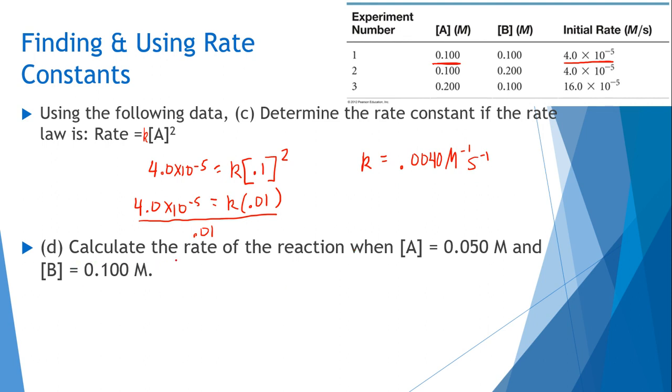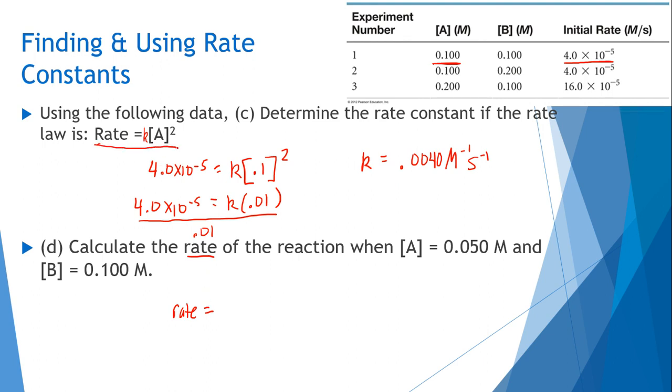Part D then tells me to calculate the rate of the reaction whenever the concentration of A is 0.050 molarity and B is 0.1 molarity. Now that I know my k, I can use that to calculate rate for any concentration. So rate is x, essentially, equals my value for k.